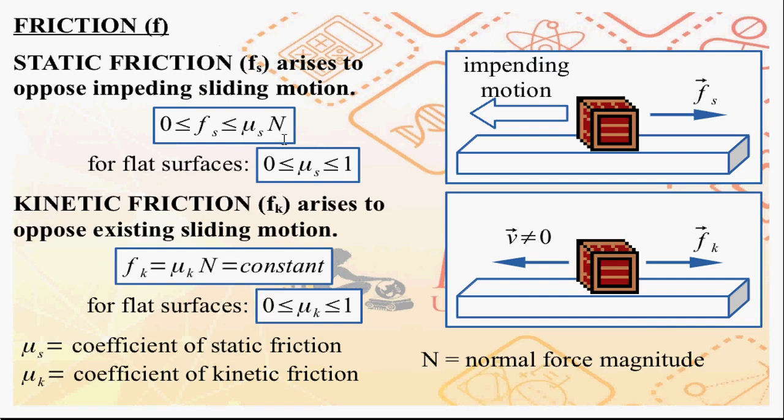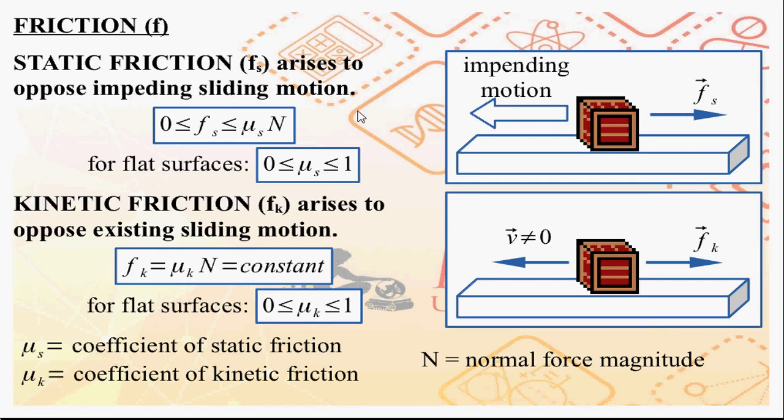So when we say oppose, if the sliding motion is to the left, friction will be in the opposite direction to the right because friction again opposes the motion. So if the motion is to the right, friction will be to the left, opposite direction, and so on.